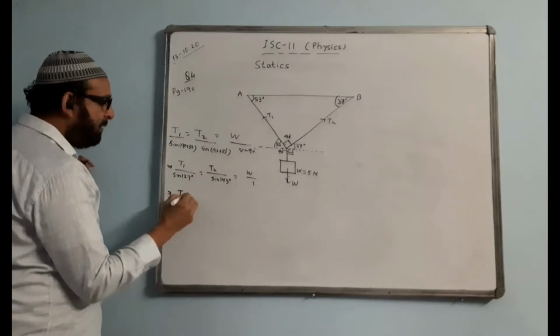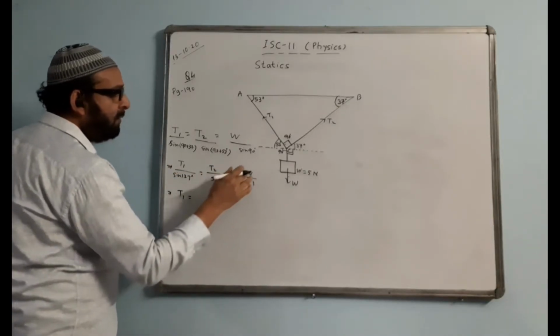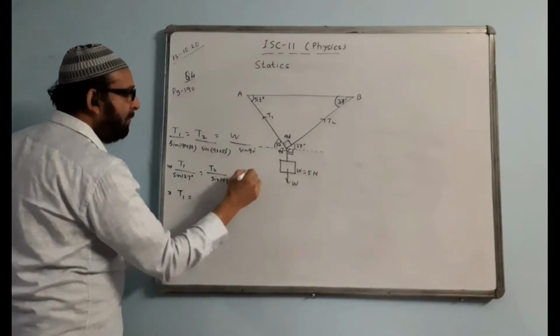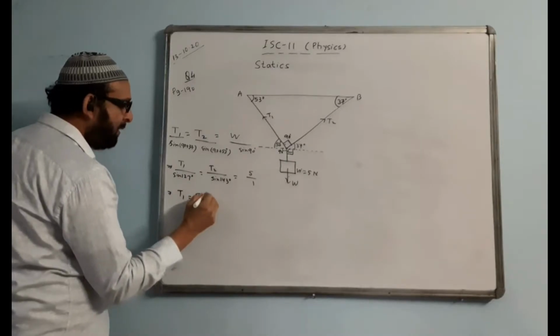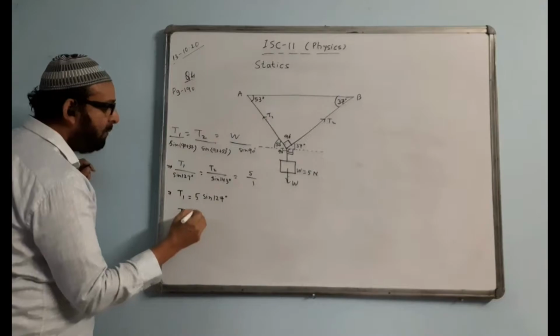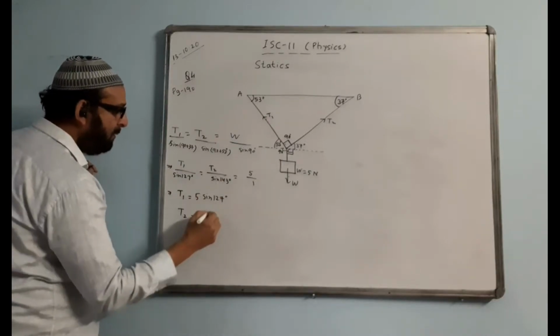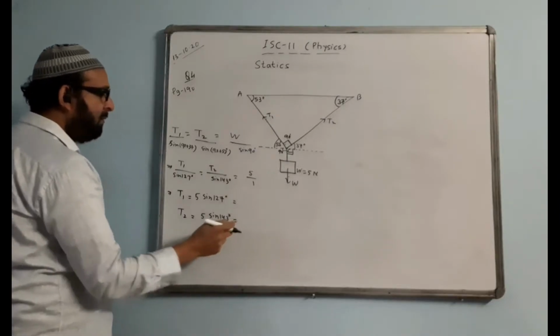So T1 is equal to W, whose value is known. We can put the value of W, 5 Newton here. T1 value will come 5 into sin 127 degree, and T2 value will become 5 sin 143 degree. This will give the answer here, and this will give the answer here.